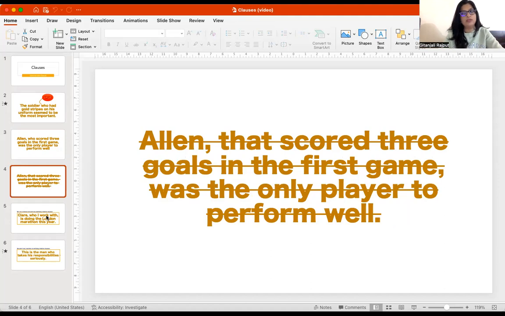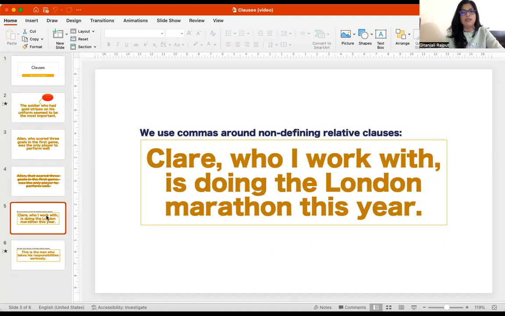Coming to the third difference, while writing a sentence, please remember that you have to use commas around non-defining relative clauses. Just like in this sentence, Claire, who I work with, is doing the London Marathon this year. In this sentence, who I work with is a non-defining relative clause, and you need to use commas around it.